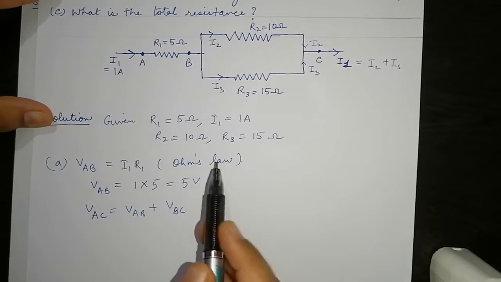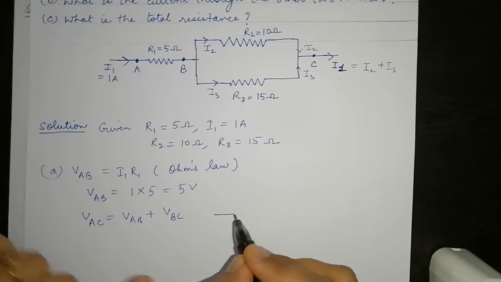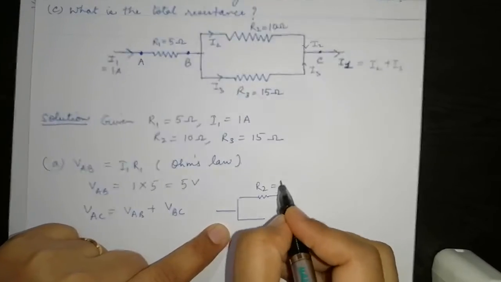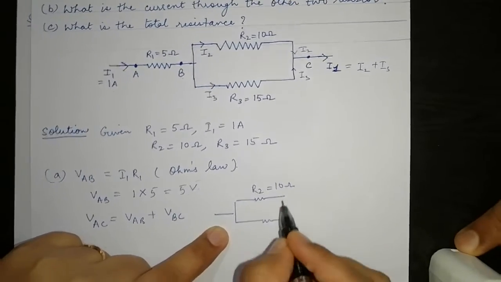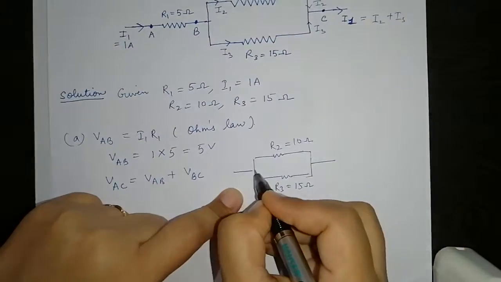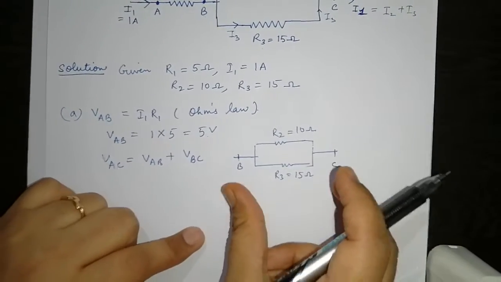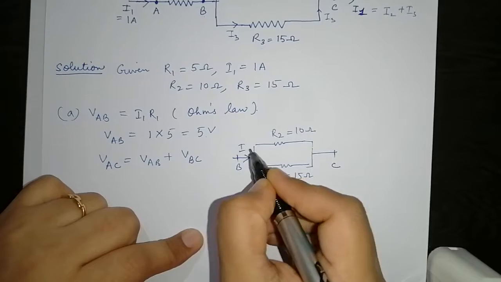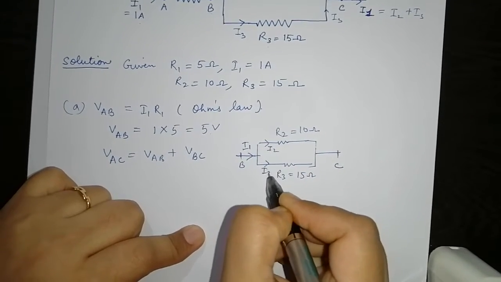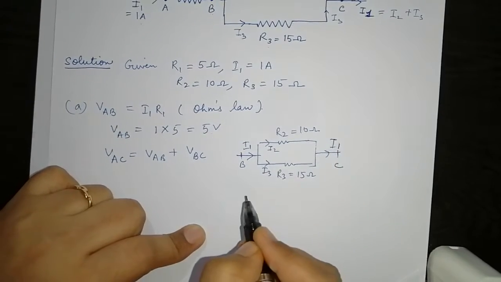So now we can see here, between points B and C we have two resistors. One is R2, which is 10 ohm, and another is R3, which is 15 ohm, right? And this is point B and this is point C. So now we know that current I1 is flowing through it, and it is getting divided into I2 and I3, and then again current I1 is coming out of this junction, right?